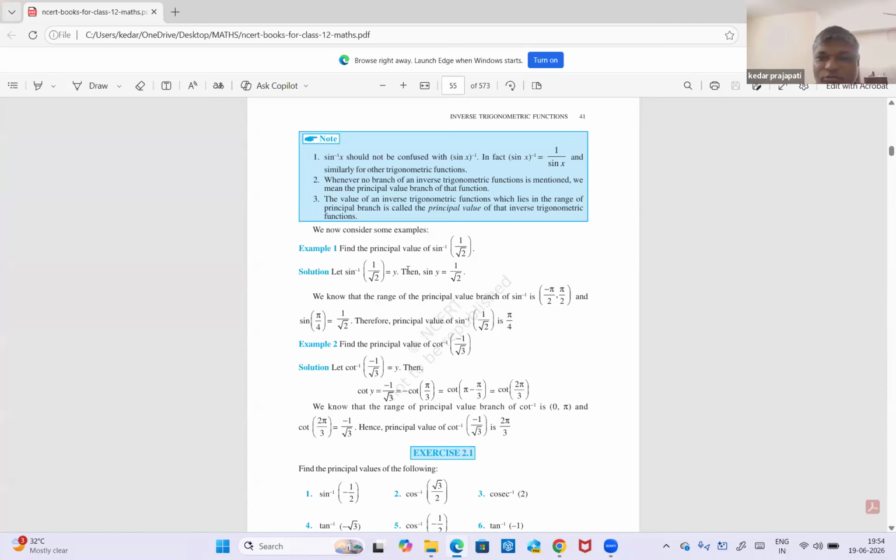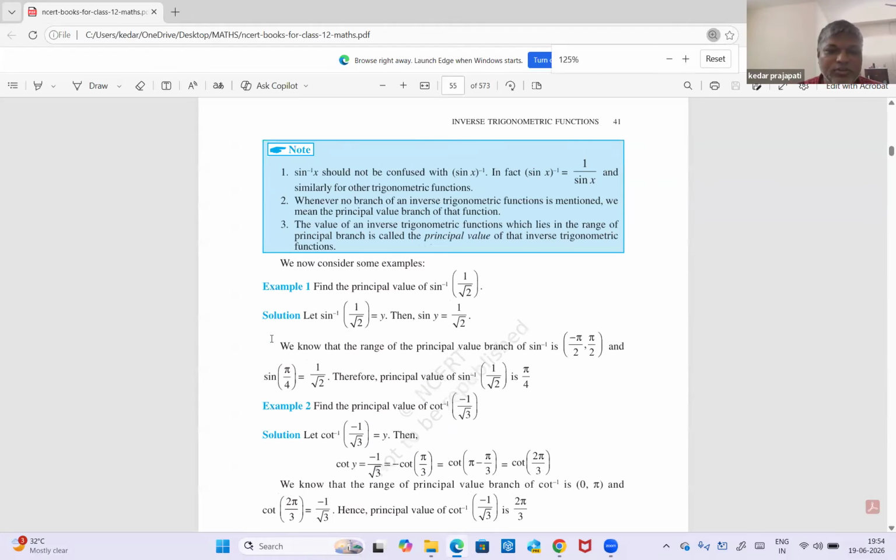Fine. So we'll be solving NCERT first, because direct questions are coming from here. If it is not clear, just let me know. So find the principal value of sine inverse 1 by root 2.